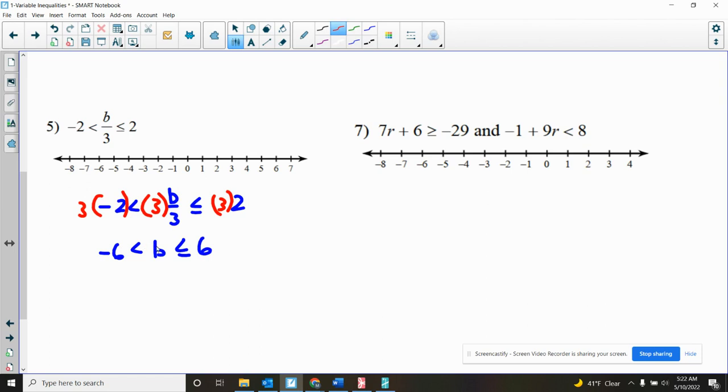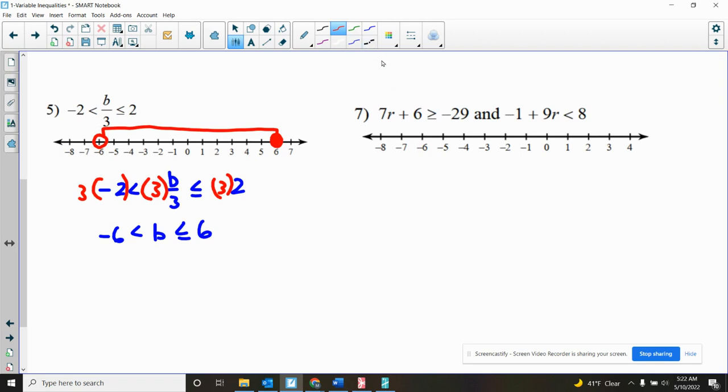So it's saying I want b to be bigger than -6, so open circle here and going to the right, but b also needs to be less than or equal to +6, so closed circle here going to the left, and I only want the numbers that are in between those 2 places. So very often, not always, but very often, your and compound inequalities will have that segment shape.